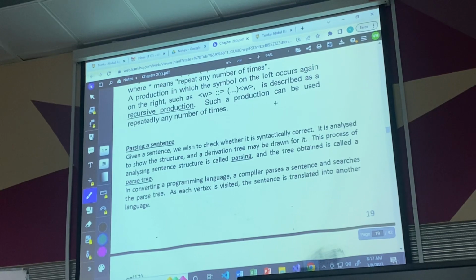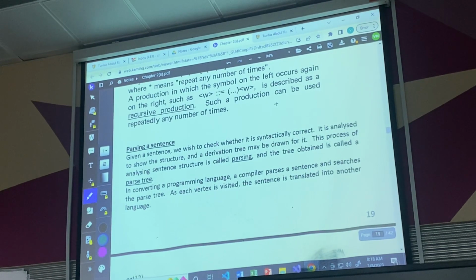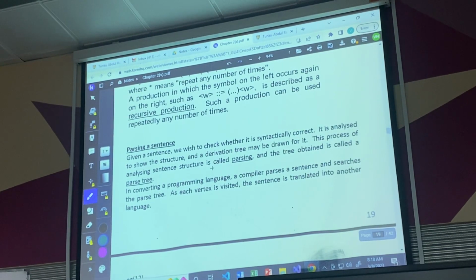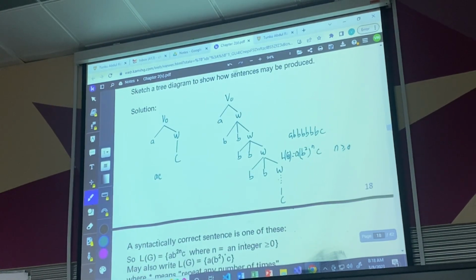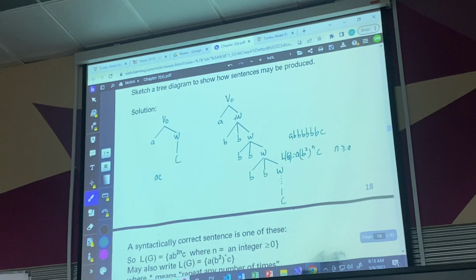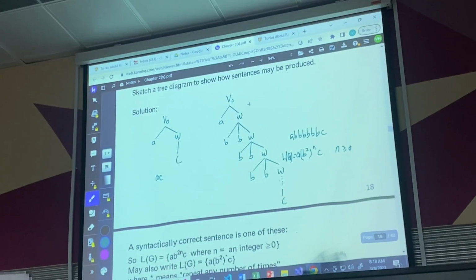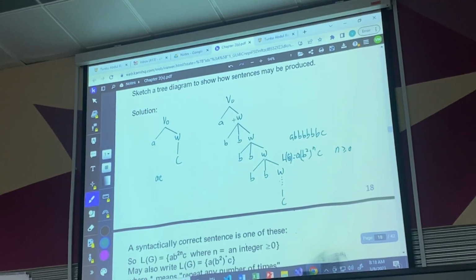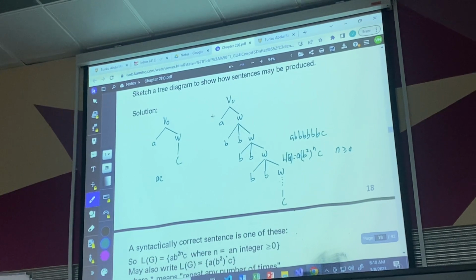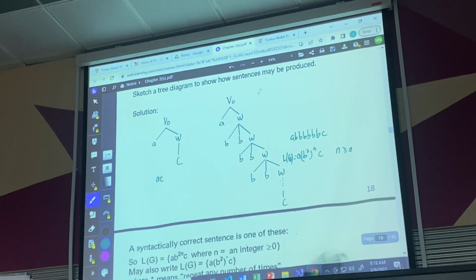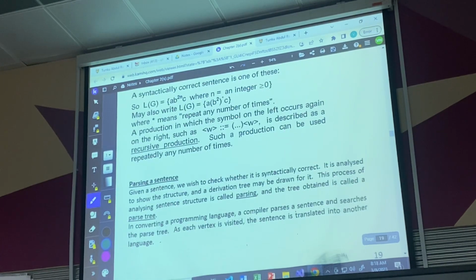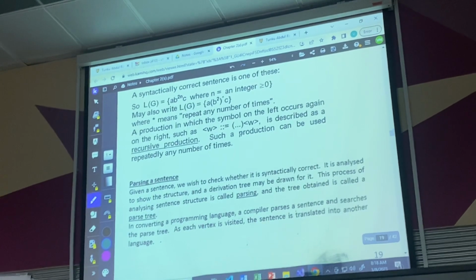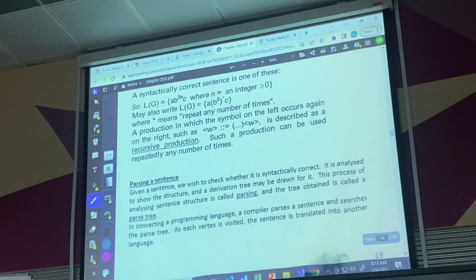So now let's say we go through this tree, just now you have a tree, right? If you go through the tree one by one like this, the process we call it as parsing a tree. Parsing a tree is normally used in compilers, programming compilers, so they will convert to the language that is understood by the user.